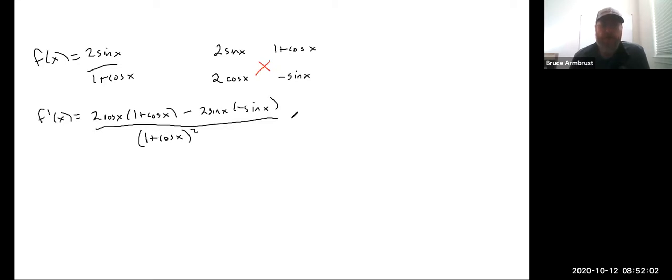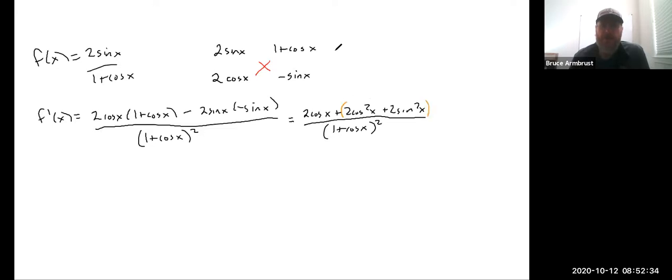Now this one I am going to simplify a little bit, just because I can. We're going to get 2 cosine of x plus 2 cosine squared plus 2 sine squared. Right, the negative makes it a plus. And now I'm going to make use of my identities.